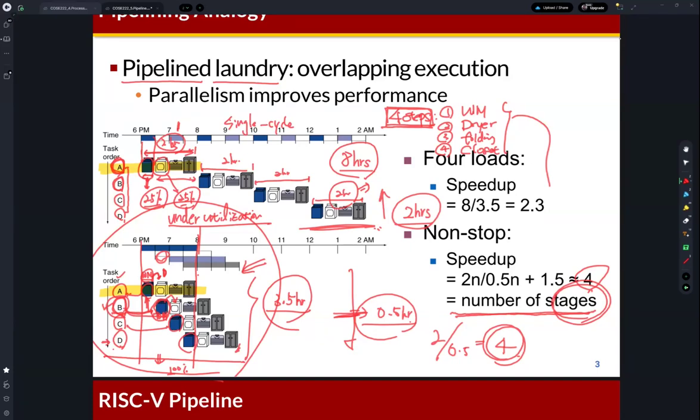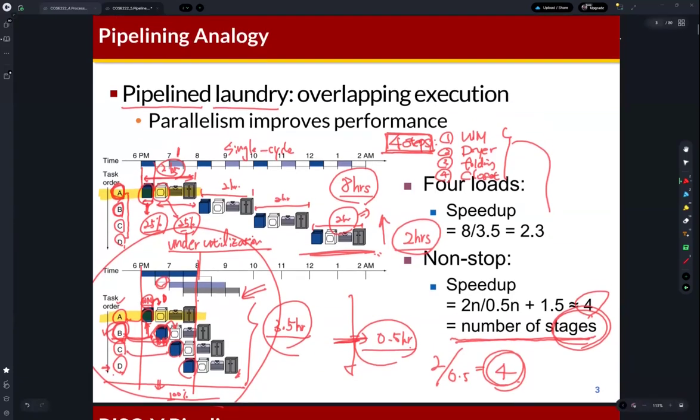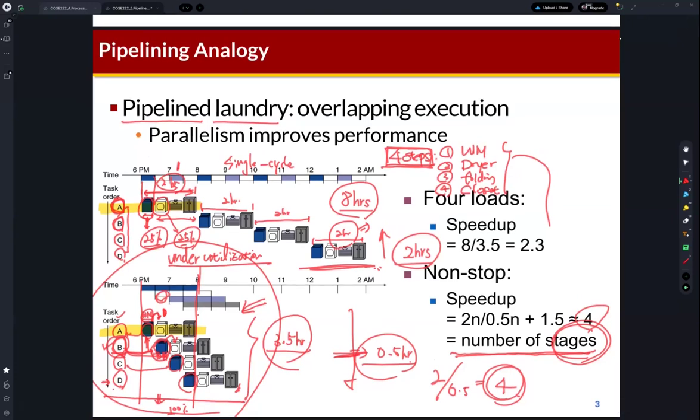If you see this analogy, you can understand that we can also apply pipelining to CPUs, right? Why?